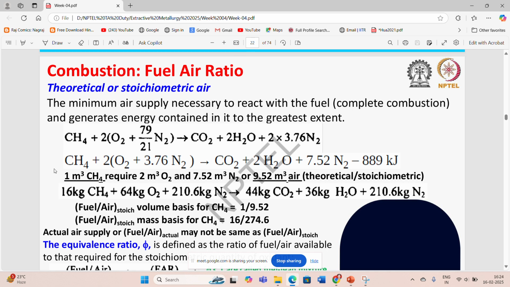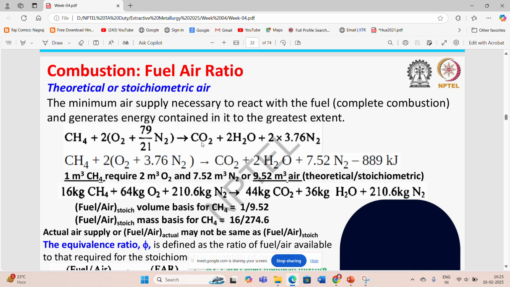So if we talk about a fuel having this formulation, CH4, we are trying to combust methane gas in the presence of air. The theoretical air requirement for the complete combustion of this methane gas is going to be CH4 plus 2O2 plus 79 divided by 21 N2.